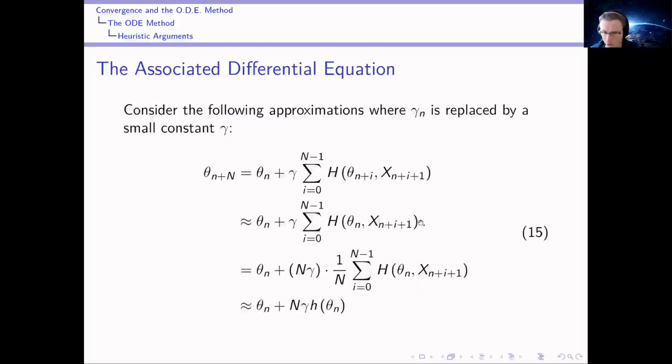In the first approximation, we assume that in the previous n steps, theta belongs to a small neighborhood. We assume that the algorithm has basically progressed far enough that subsequent changes in the parameter are small.